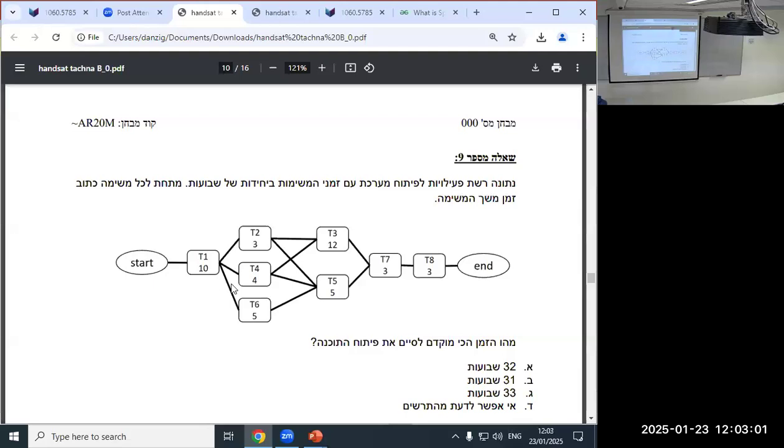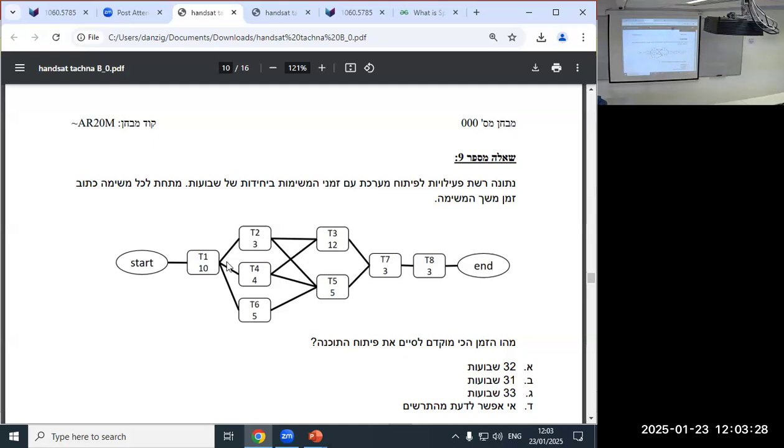10. I don't know what these crosses mean. After I did 4, I'm going to start both of these, I guess the team that's working on this can go here. I don't know, it's very strange. I never saw anything like that, it doesn't make sense to me. 10, well, the answer is 32, why?